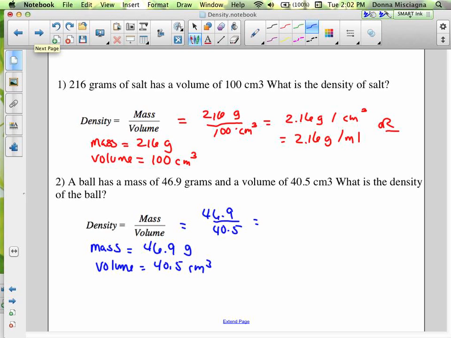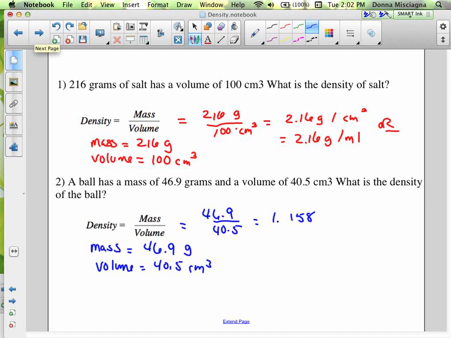1.16. Let's take the 1.158. More decimals is generally better because we'll have a greater accuracy.